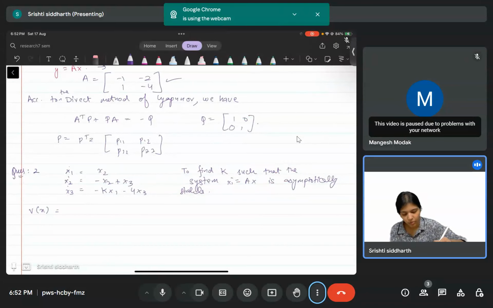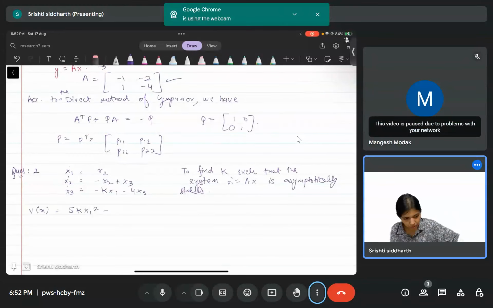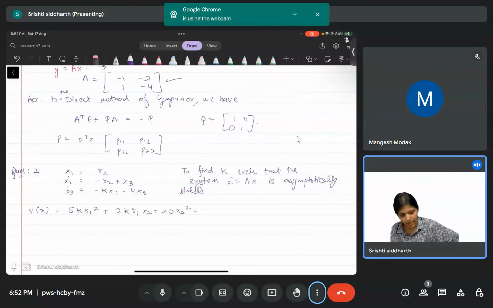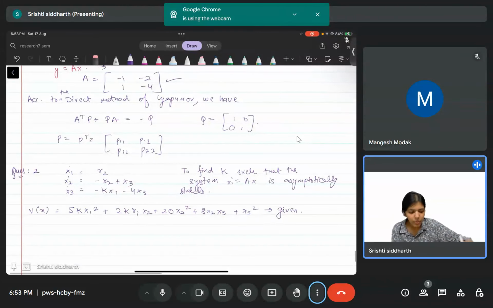We have this V(x), which is something we understand: x1 squared plus 2k x1 x2 plus 20 x2 squared plus 2 x3 plus x3 squared. So this is given, and we have to determine stability. So this will be easy.